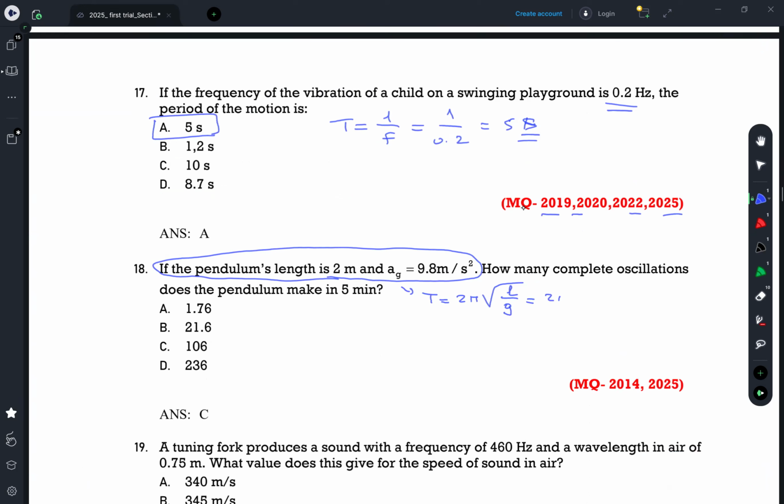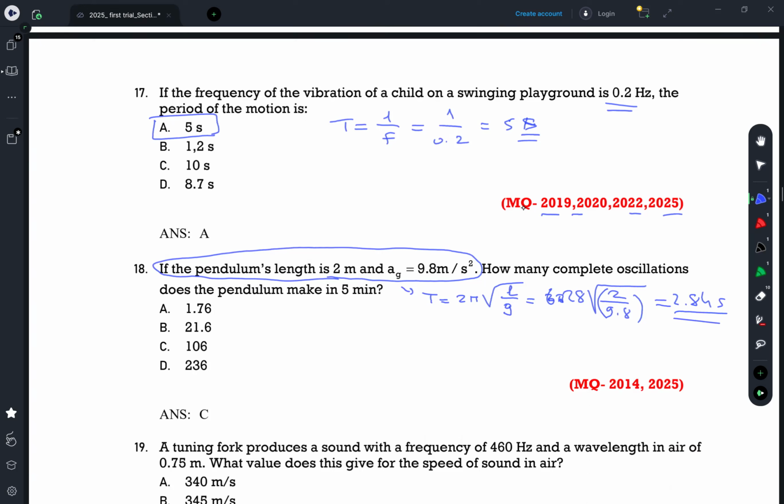Then 2 pi is 6.28 root L. L is 2, g is 9.8. Then you are going to use your calculator. 2 over 9.8 is 0.2, root of the answer, multiplied by 6.28, is 2.84. So period is 2.84 seconds.